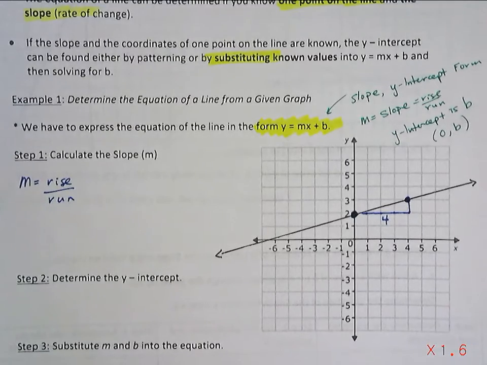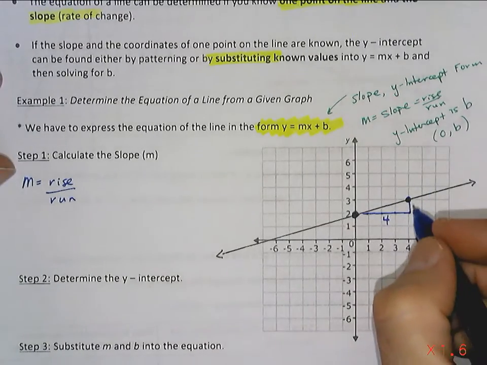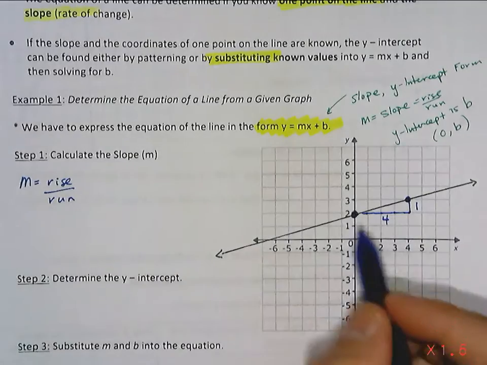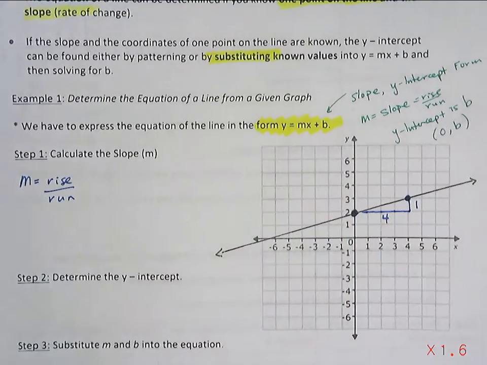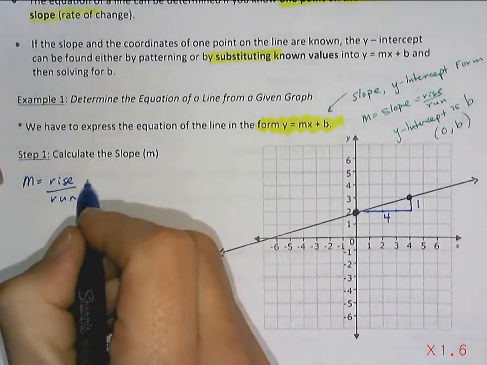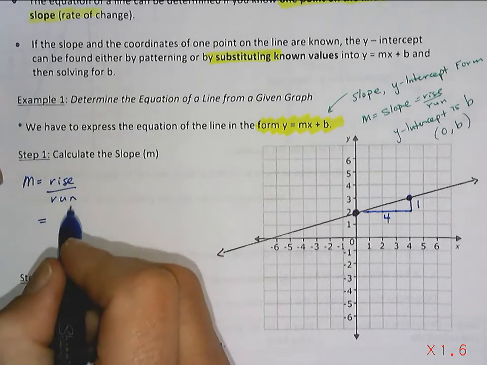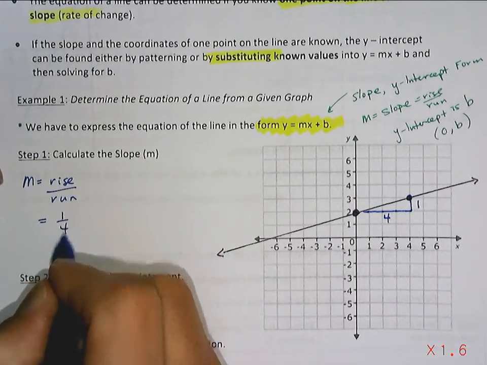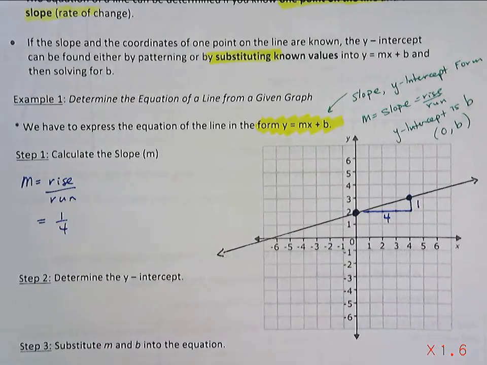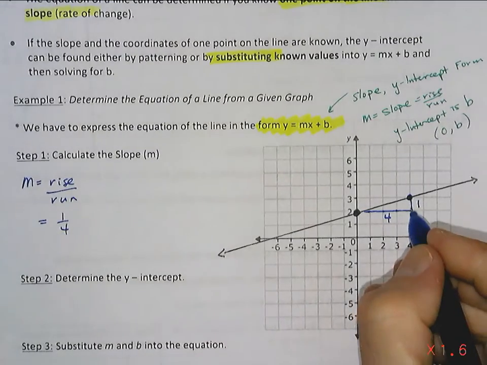A rise is going up a ladder or going up in an elevator. It's how you go vertically. And so our rise seems to be 1 unit here, noticing my scale, and I'm going from 2 to 3. So that means that my slope is, using rise over run, 1 over 4. Now, I don't have to find the slope any other way. That's a perfectly fine way of finding the slope. And notice it makes a 90-degree angle.